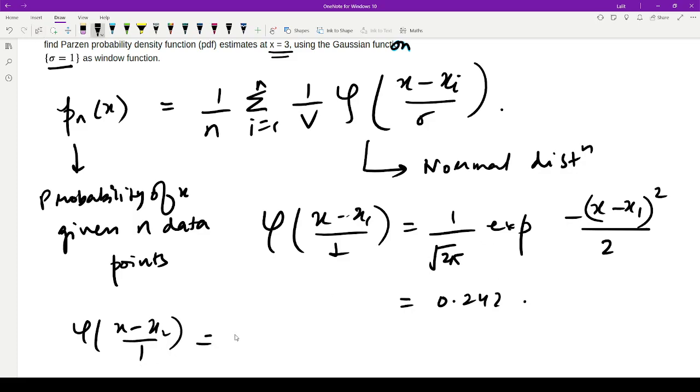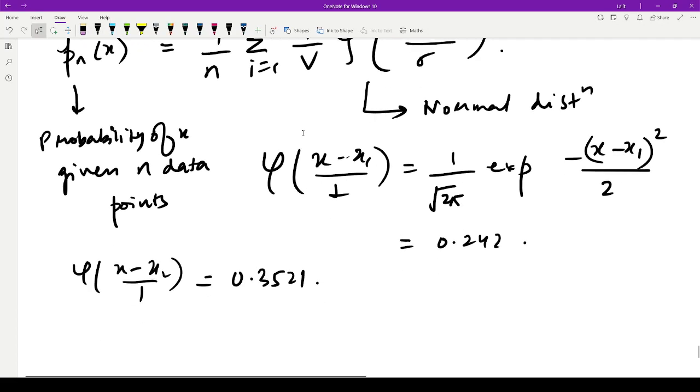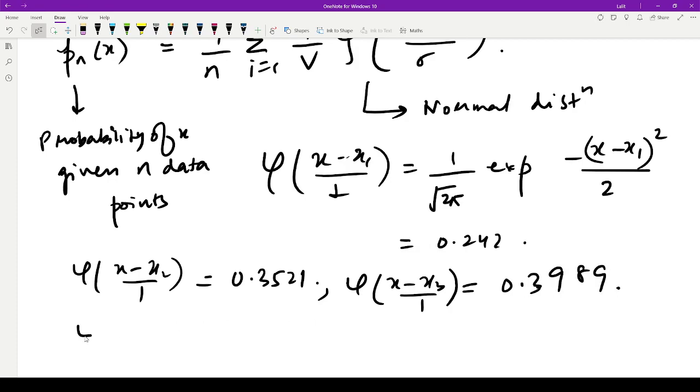Again, phi of x minus x2 upon 1. This value turns out to be 0.2521. Phi of x minus x3 comes out to be 0.3989.